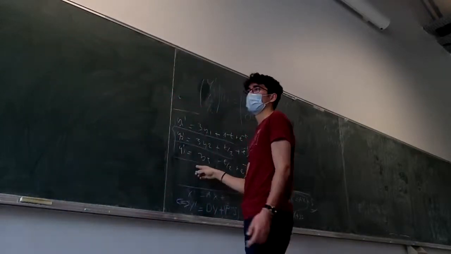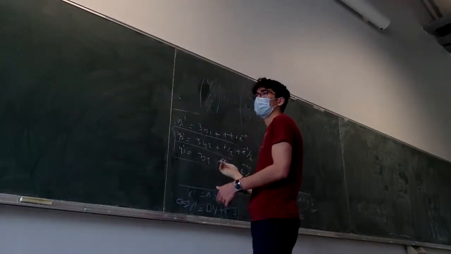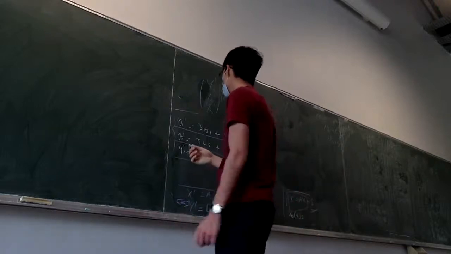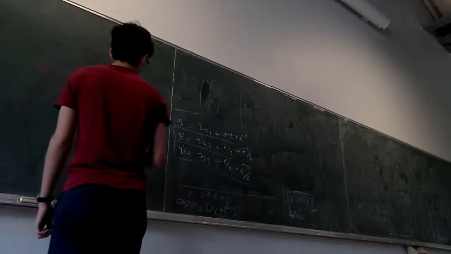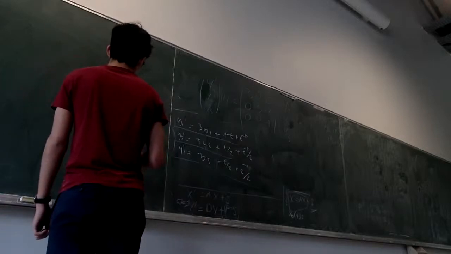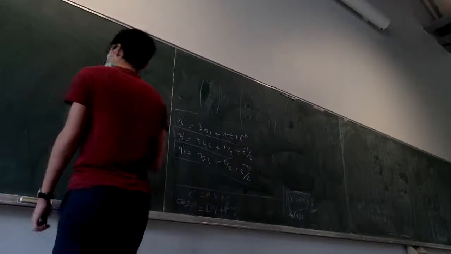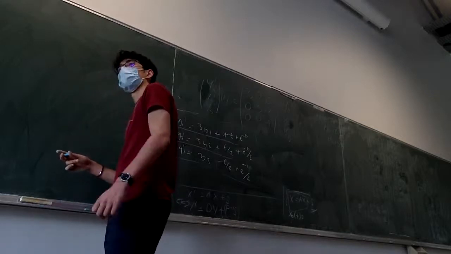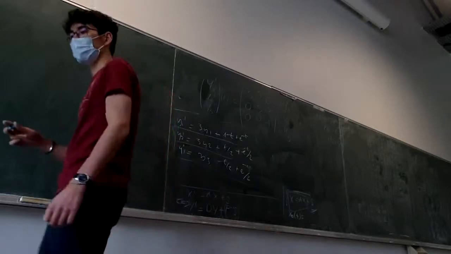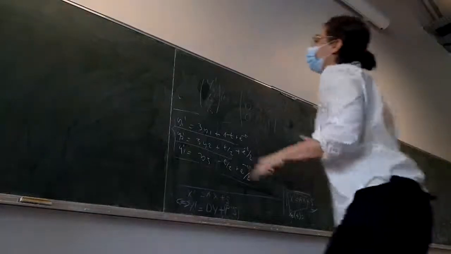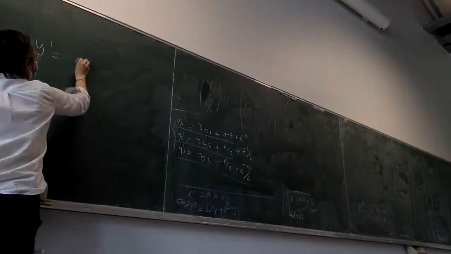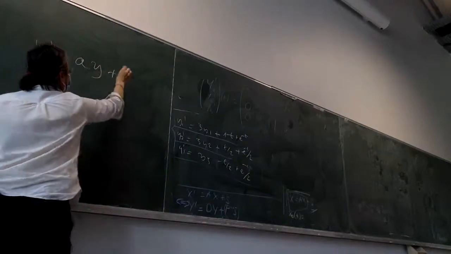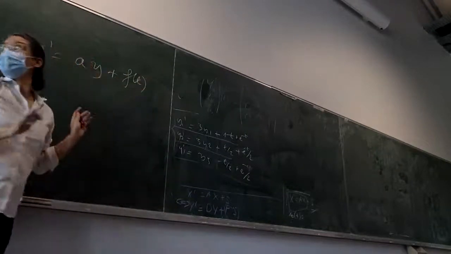In the homogeneous case, we know it's going to give us the exponentials. We already know them, so we just need the particular solutions. So we've got a typical order 1 equation: y prime is equal to some coefficient times y plus something.